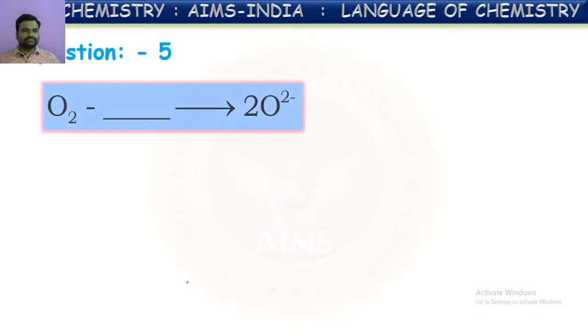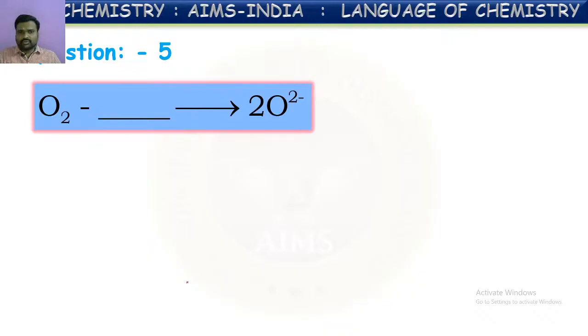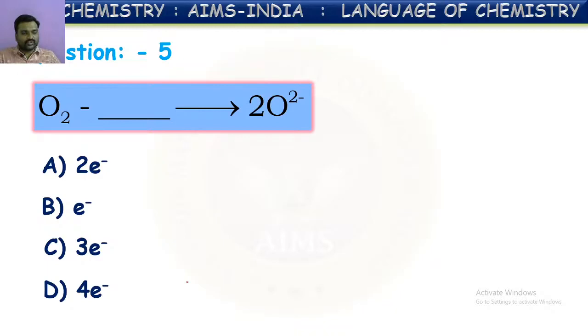Next, one more question here. Oxygen molecule minus blank gives 2 O2- ions. Can you fill the blank here also? Options are given like this: 2 electrons, 1 electron, 3 electrons, and 4 electrons. Can you guess the answer for this? There is a chance to be confused in this.